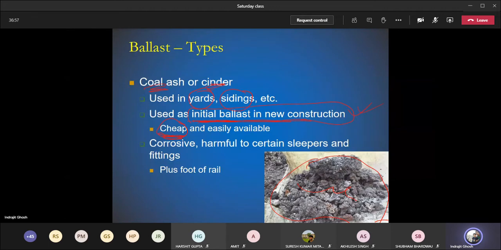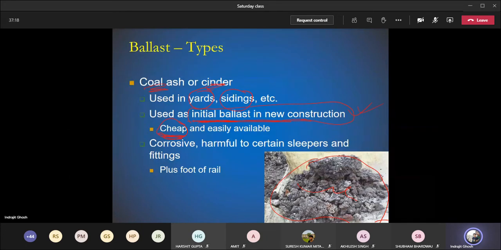But if you look at the composition of the coal ash, you will be able to see there are many components which are very harmful in nature. For example, arsenic, lead, mercury, cadmium, which are bad or dangerous for the human body.